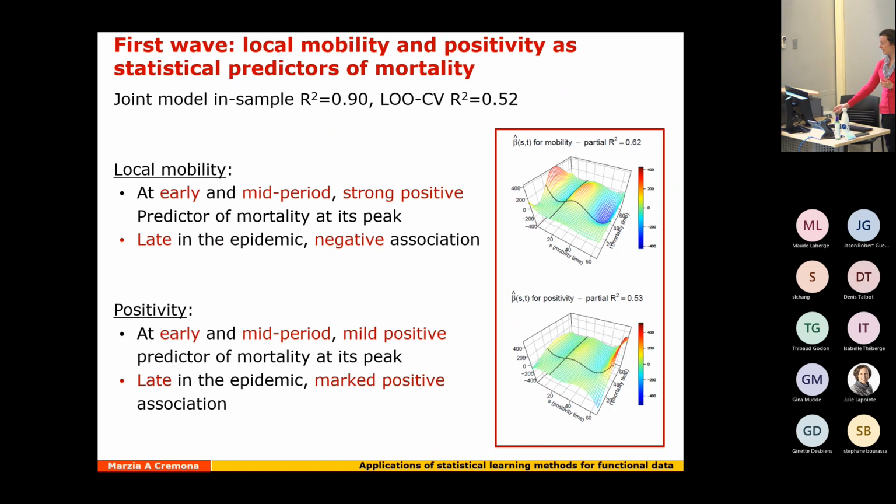What we think this negative association means is that in the regions of the south, where there was no COVID, people just started going around a little bit more. So we think that the causality is exactly the opposite in this case. And about positivity, it is a mild positive predictor of mortality, and late in the epidemic it is actually a strong positive predictor.